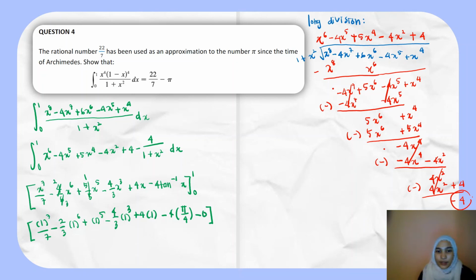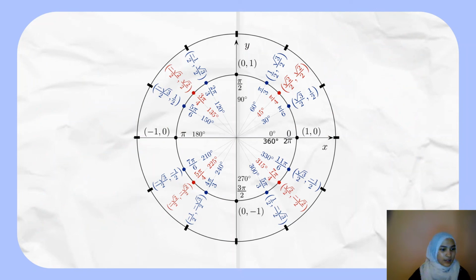So how can we get pi over 4? You can refer to this unit circle angle, where if we use a calculator, we will get tan inverse 1 is 45 degrees. So we will get pi over 4.